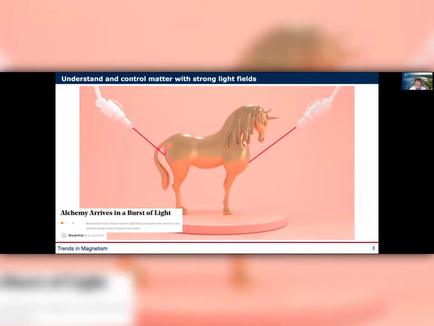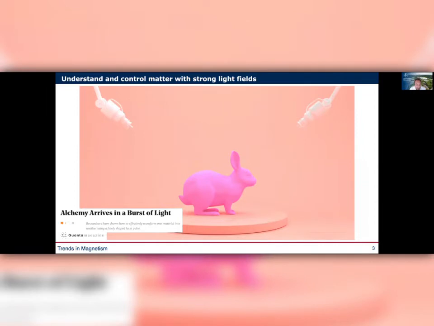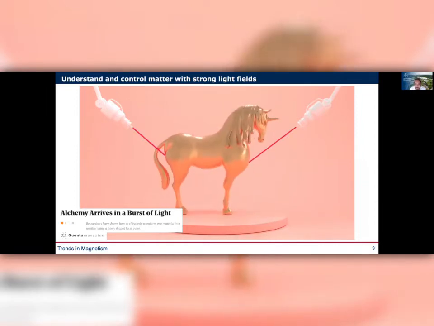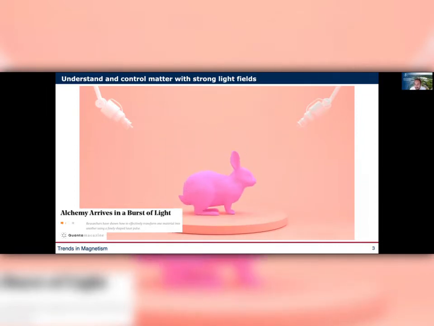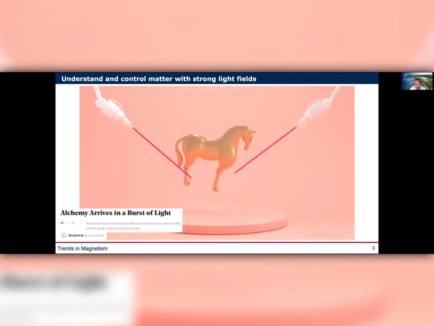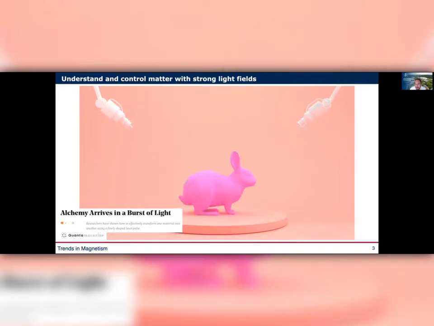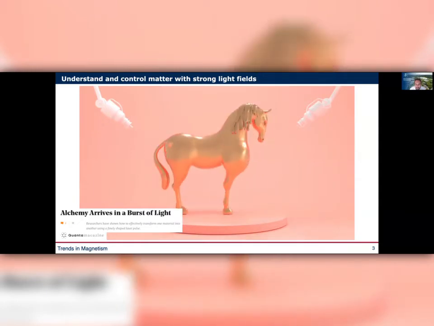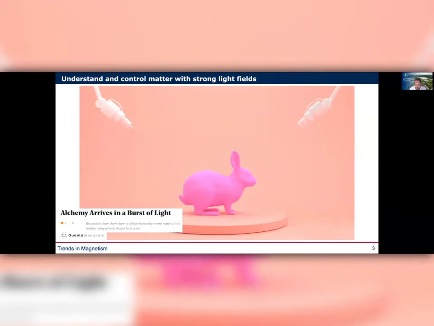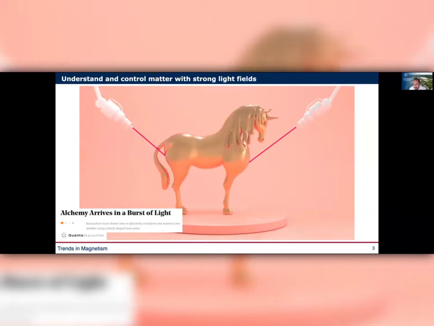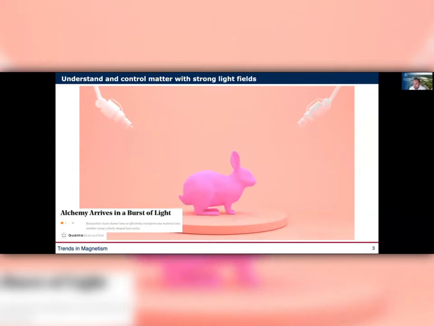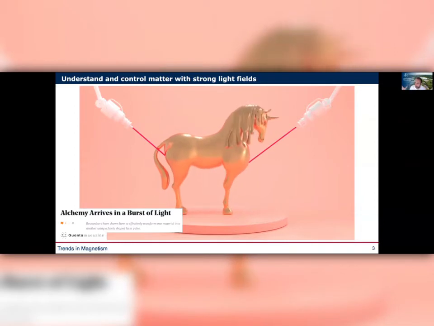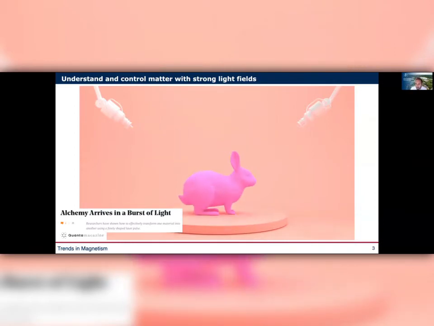Here is a very nice picture or animation from an article in Quanta magazine, where they show artistically how a bunny turned into a horse thanks to laser beams. Of course, this is a very pictorial representation, but the idea is that we can not only understand, but also maybe make materials with light that would not exist in thermodynamic equilibrium. So it opens up a phase space where we can explore properties.